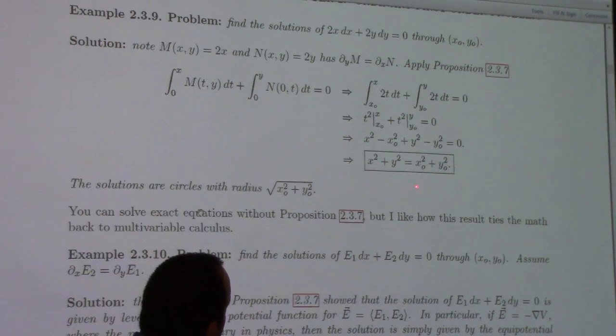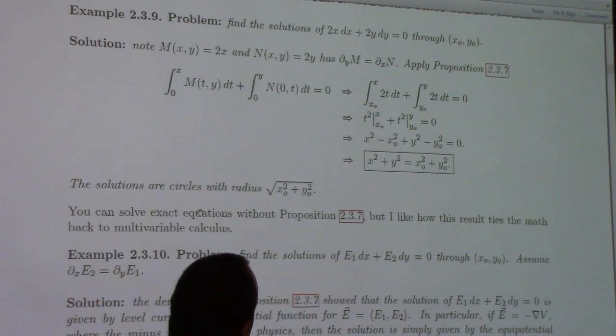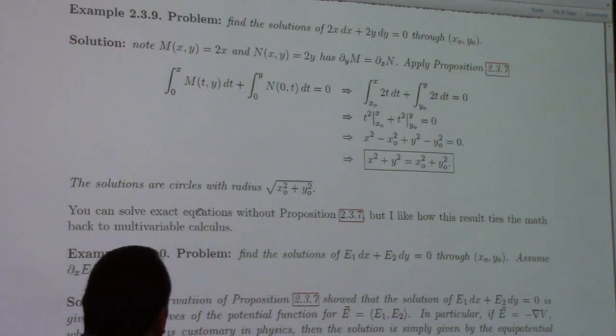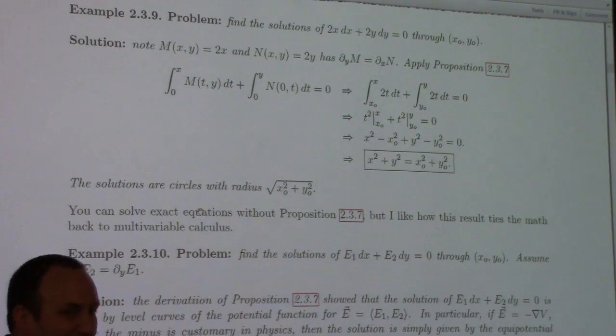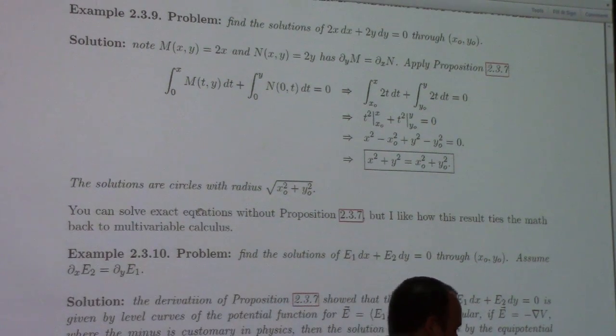This is right, and I think this is right. In retrospect, that is supposed to be x naught, and I believe that's supposed to be y naught, but that won't actually hurt us. I'm not sure. I have to go back to the proposition. Anyway, I've already spent entirely too long talking about this, so I'm going to move along.